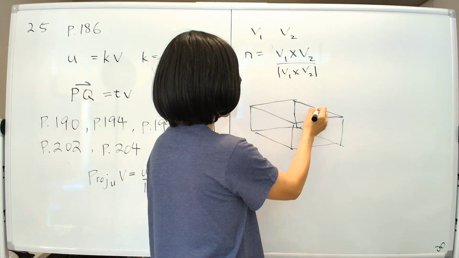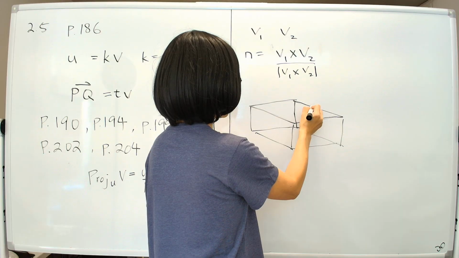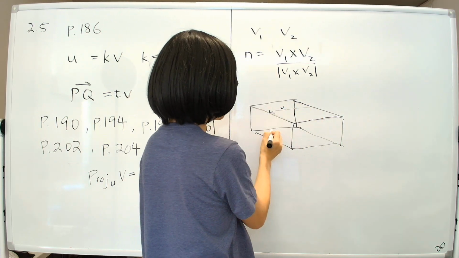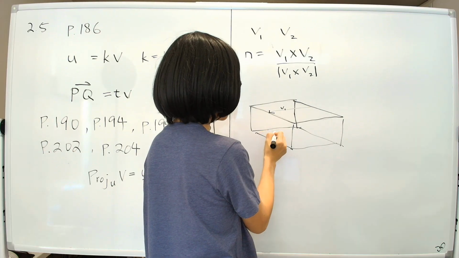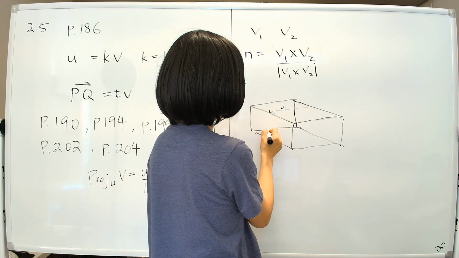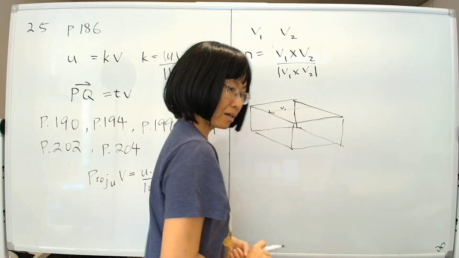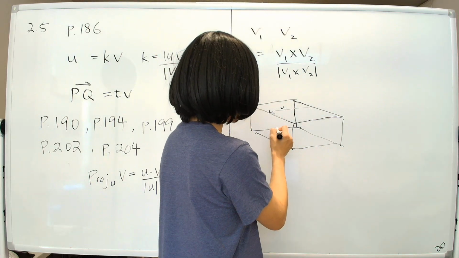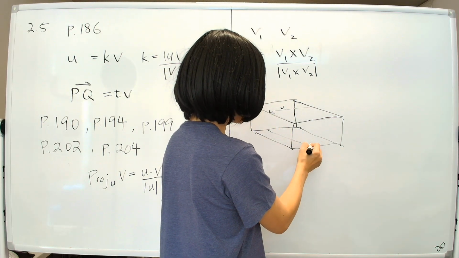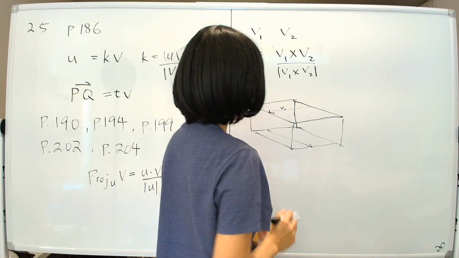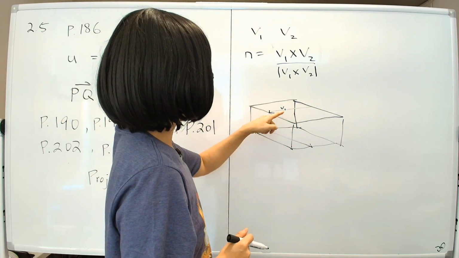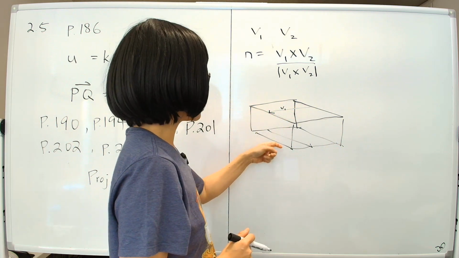Okay, v1 is somewhere here, and then v2 is somewhere else, on the bottom of the box. It doesn't matter how it goes. The top contains v1 and the bottom contains v2.